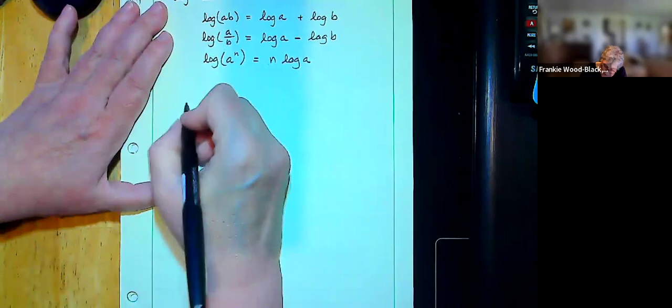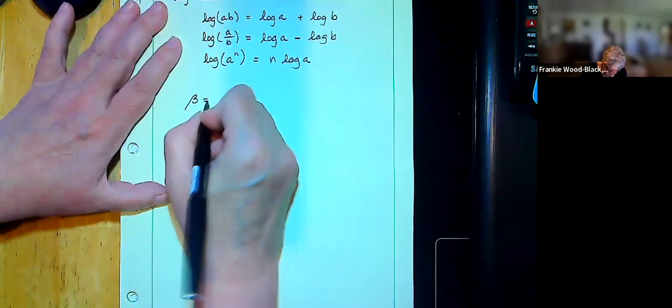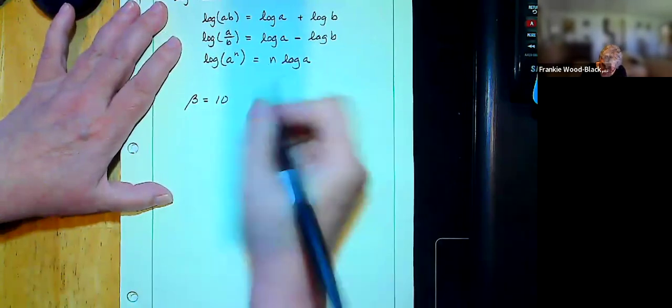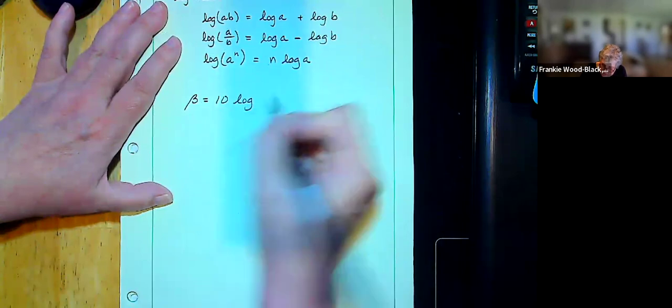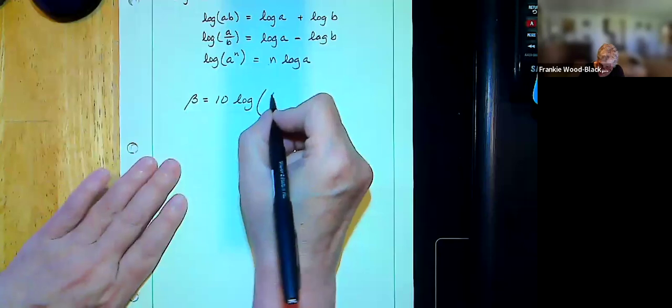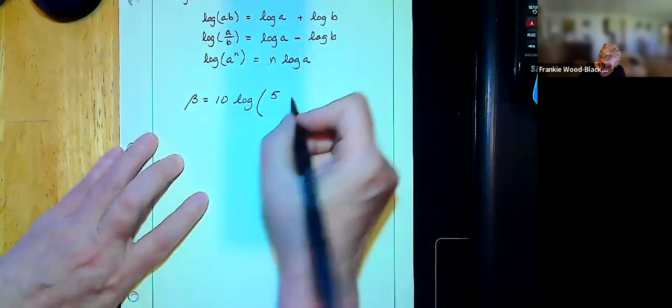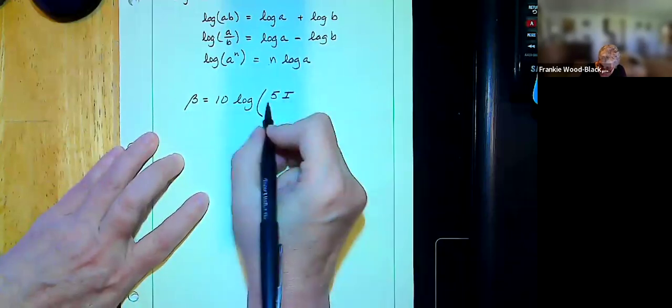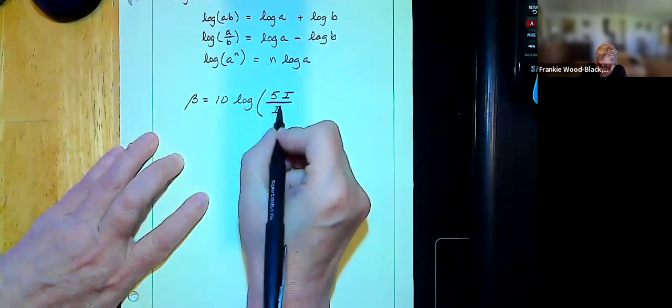So we want to know the new decibel level. Our new decibel level is going to be 10 log of 5 vacuums times my intensity divided by my threshold of hearing.